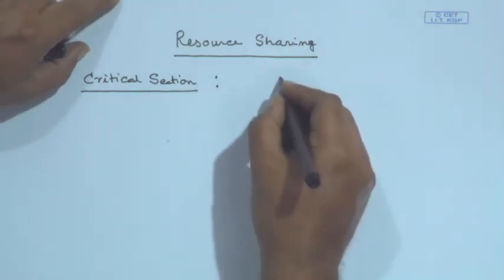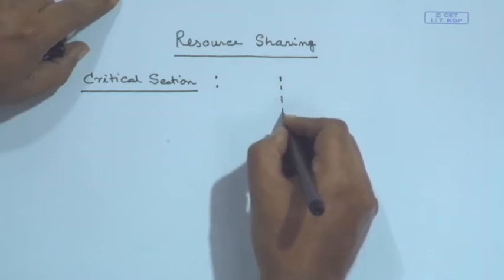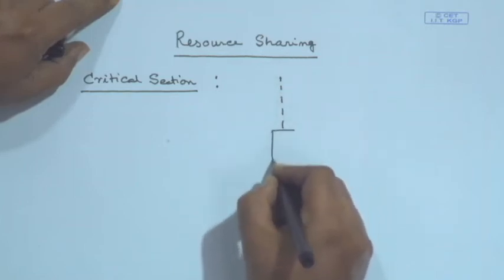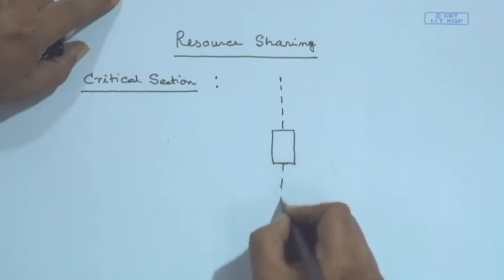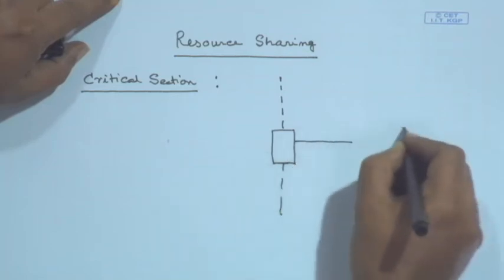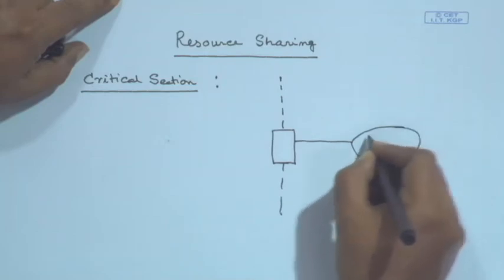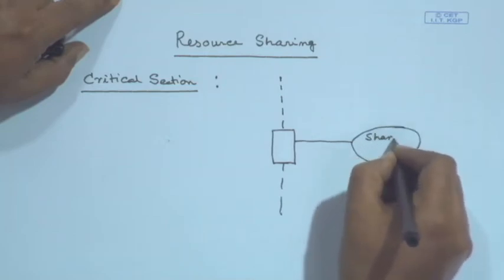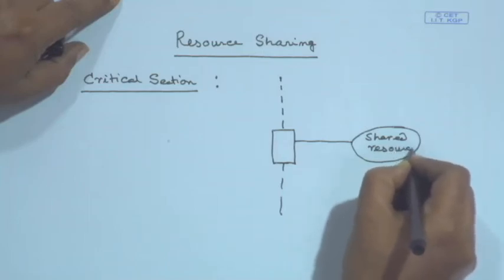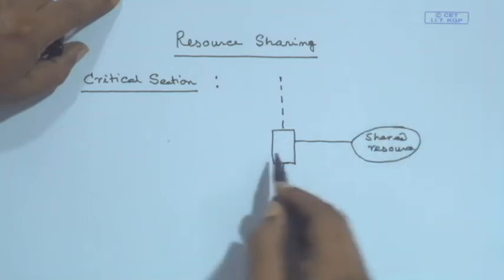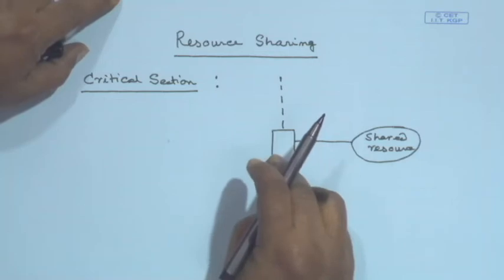Critical section is that part, say here is my code, the piece of code that interacts with a shared resource, that is used to access some shared resource, for example, a driver.